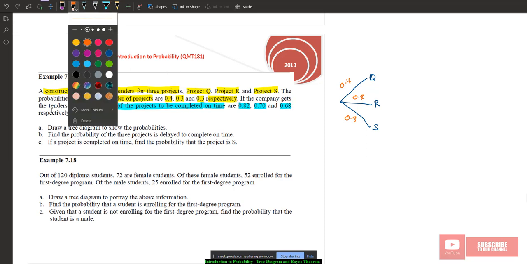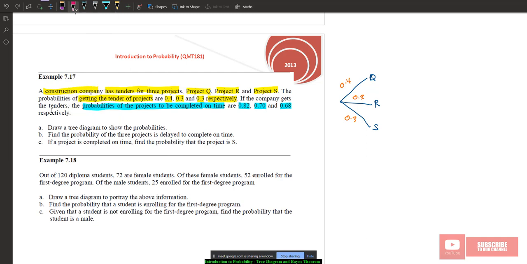So for project Q, there are two options, either the project is completed on time or not completed on time. Right? Same goes for R, project completed on time, project not completed on time. And S, project completed on time, project not completed on time, right?